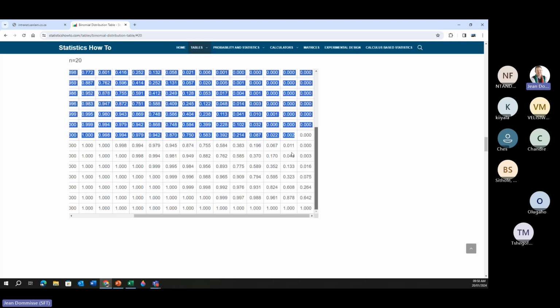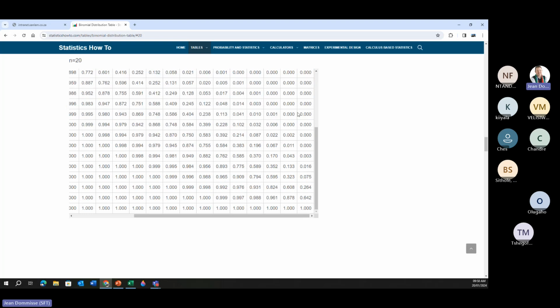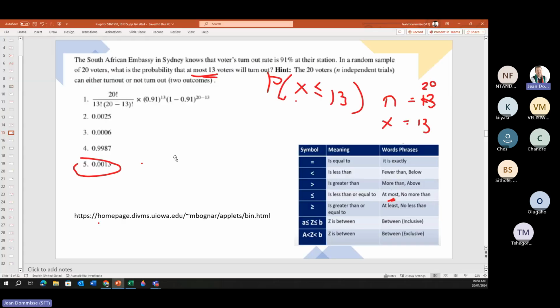Again, when you look at the tables, you will see that the area we're looking at, less than 13, is very small. That is why that answer is also small. But look at your binomial table that you have in your study guides. The 0.91 will be in there.